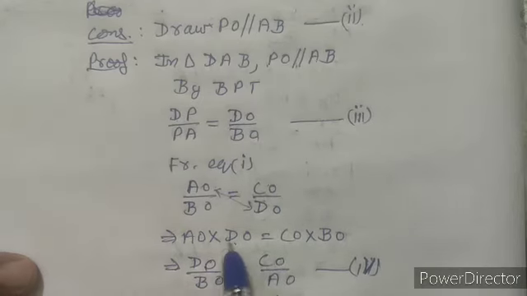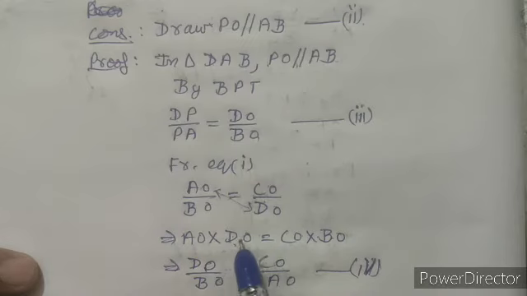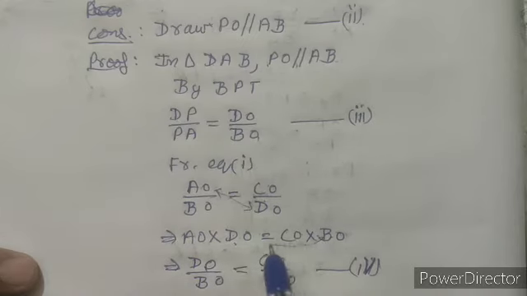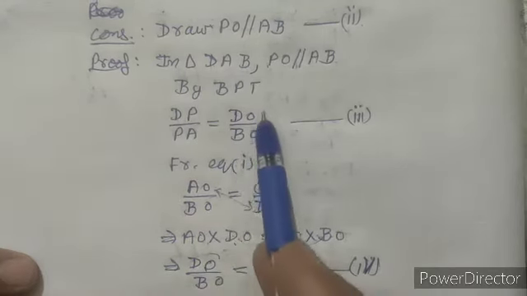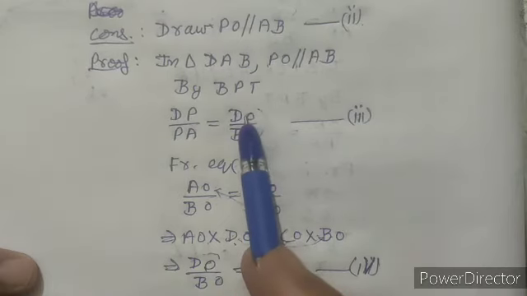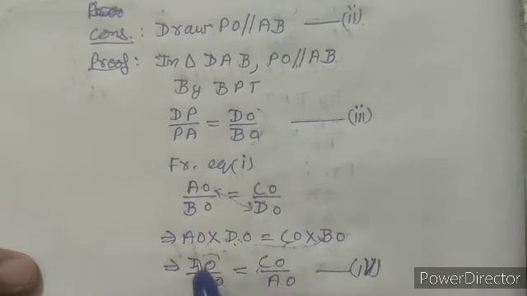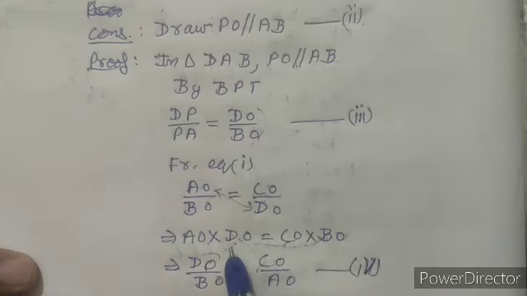Now this can be written as DO upon BO equal to CO upon AO. Now this we are doing because in third equation we are getting DO upon BO. So here we will take this BO to the left hand side to get DO upon BO, and that is equal to CO upon AO.